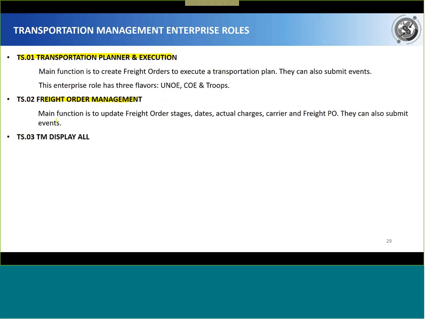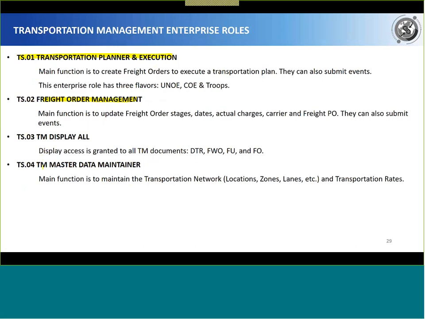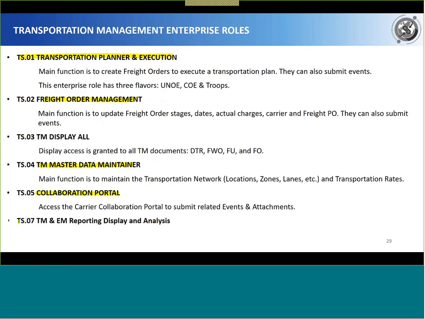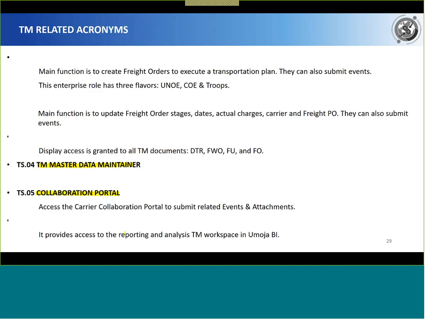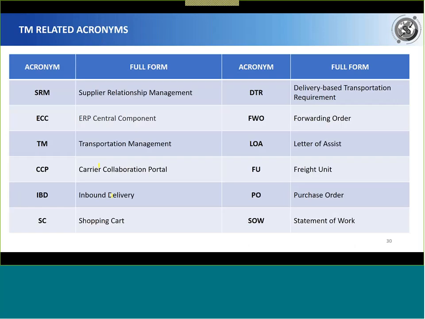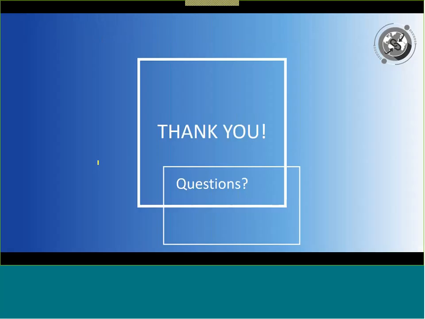We don't want to repeat because we have the same people today as yesterday. The role related to master data maintainer, the one granted to freight forwarders to access CCP, and the new one created in Umoja BI to run reports, and related acronyms. So that I think was it for the session.